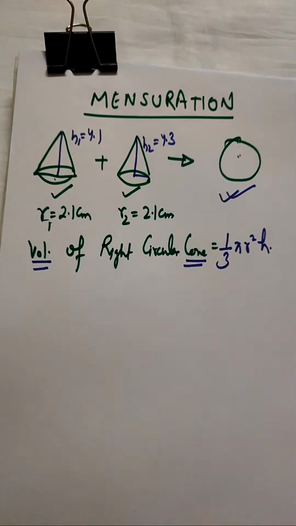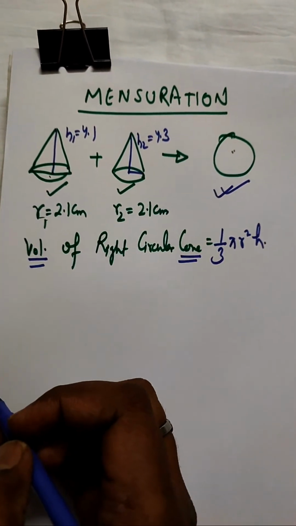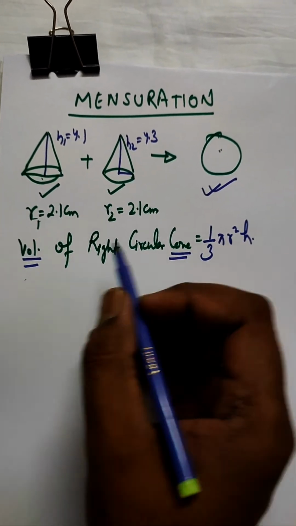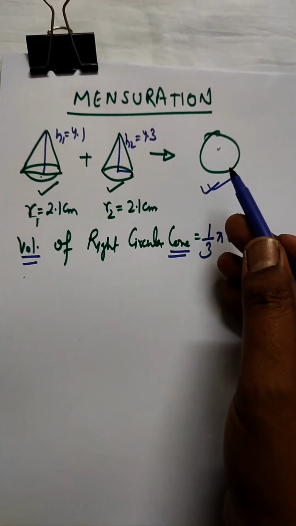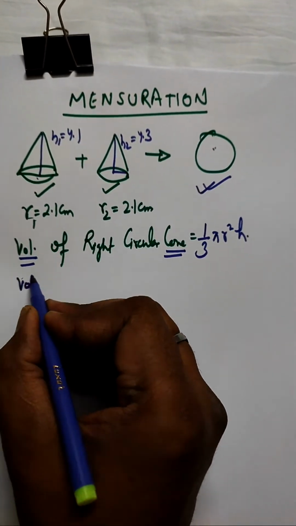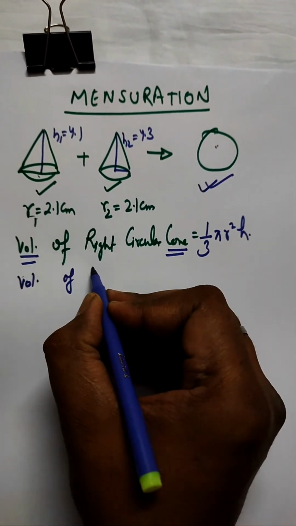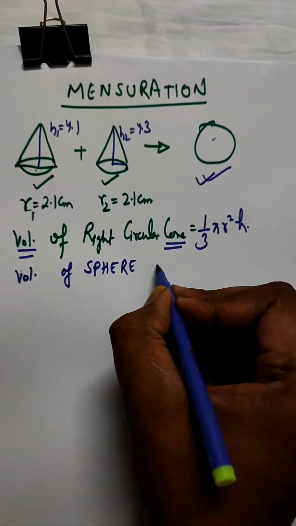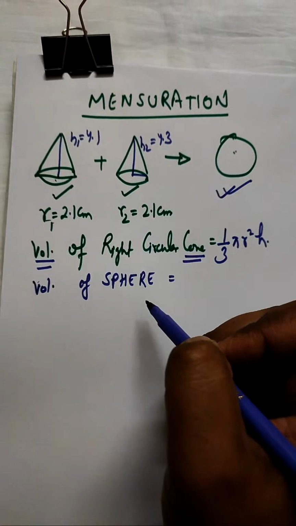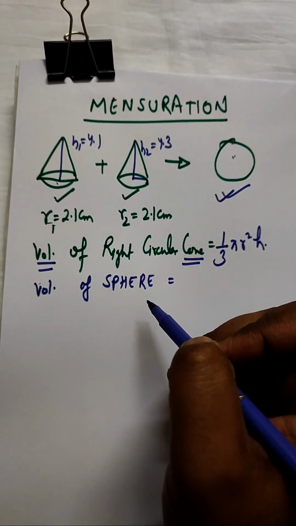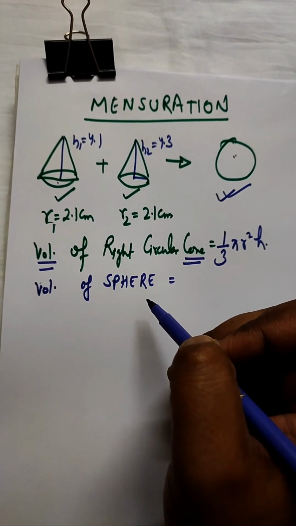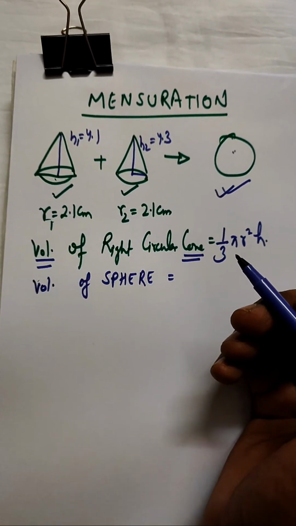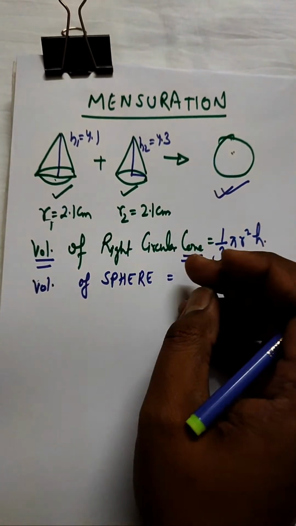So just writing the formula, we will also write the formula of the sphere. What is the volume of the sphere, the solid sphere formed? I had not written the question because I had already uploaded the shorts of that. If you want, you can refer to those shorts and videos.